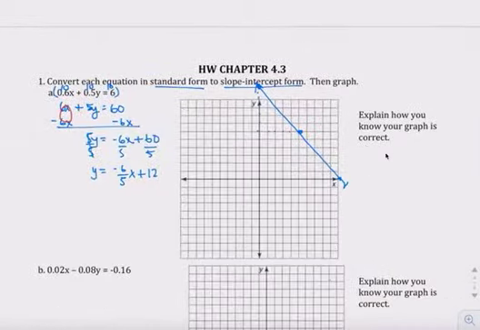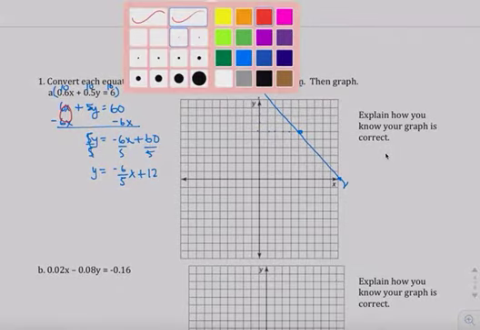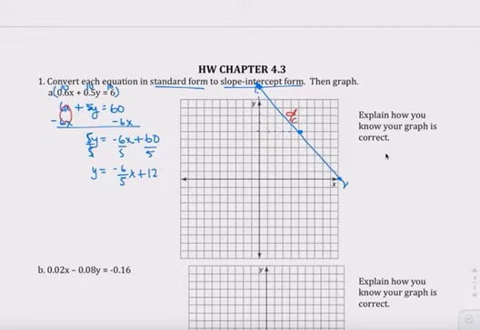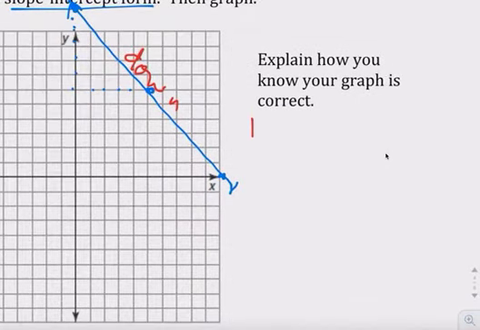Okay. Explain how you know your graph is correct. My graph is correct. It's going down. If you write your name, you'll see it's going down because the slope is negative.